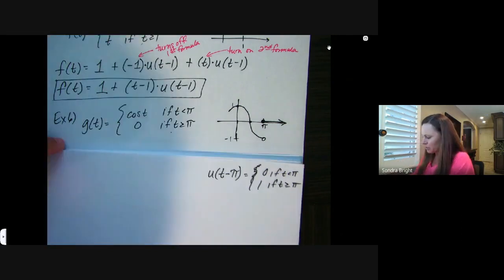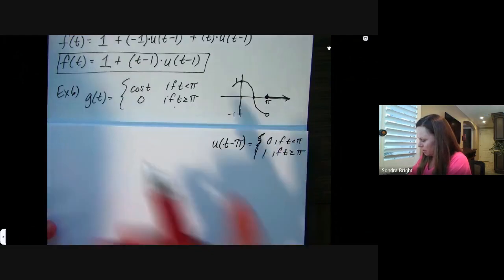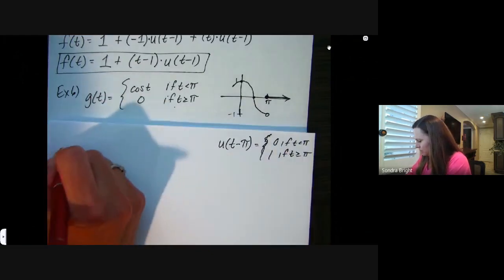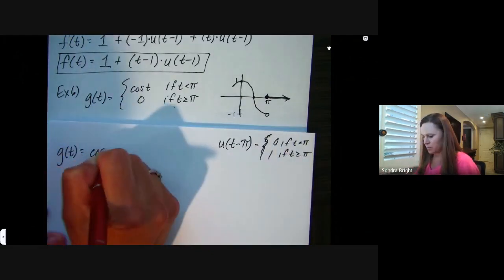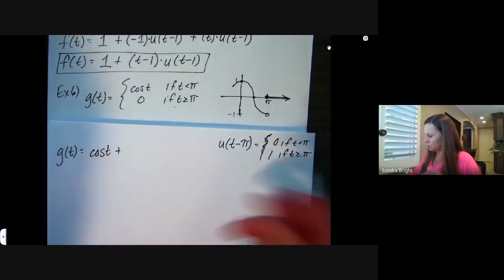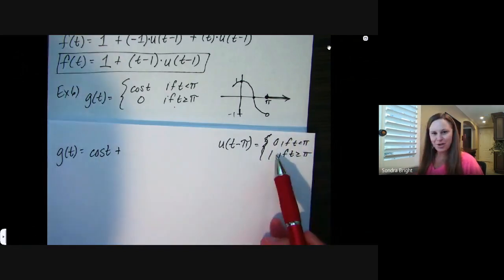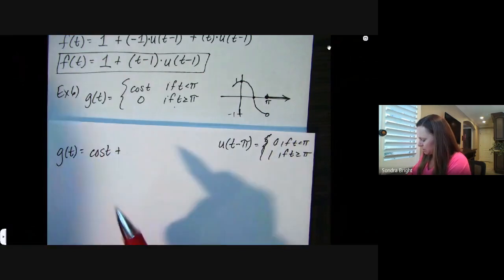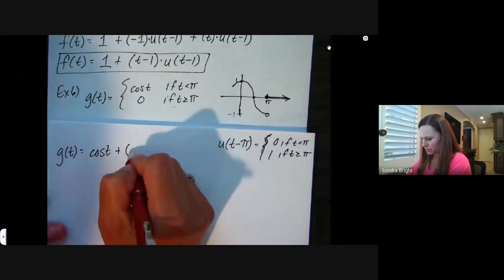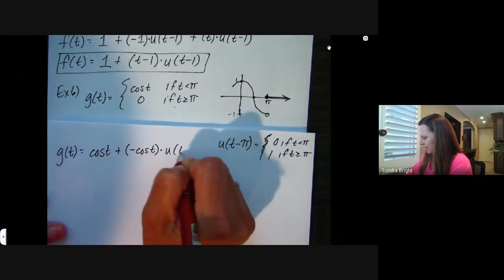All right, but you're starting with a cosine of t. You're not starting with 0. So that means you've got to start off with cosine of t, because that's your starting point. But then, it'll be that until you get to pi, right? And once you get at pi, now you're at 1. But you got to undo this cosine. So I'm going to multiply negative cosine of t times u of t minus pi.